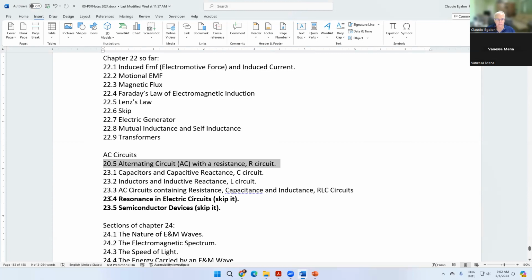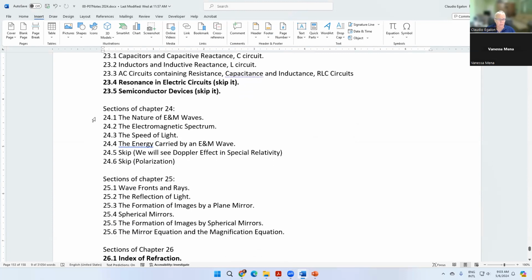I wouldn't do that. Then we talked about electromagnetic waves, chapter 24. Polarization, we are skipping polarization so far. I'm going to boldface it here. We're skipping this one as well, the Doppler effect. Once we get into special relativity, we'll go back to this one.